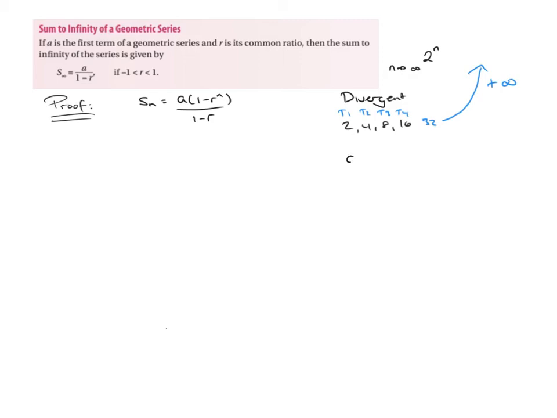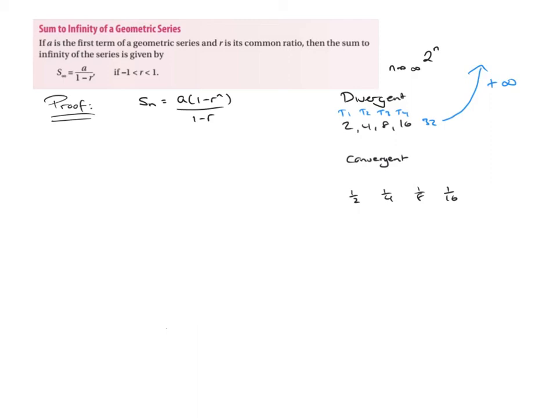So let's look at a convergent sequence. We could have a half, a quarter, an eighth, a 16th, etc. If I added up the earlier ones, 2 plus 4 plus 8 plus 16, it's all getting bigger and heads off towards infinity.